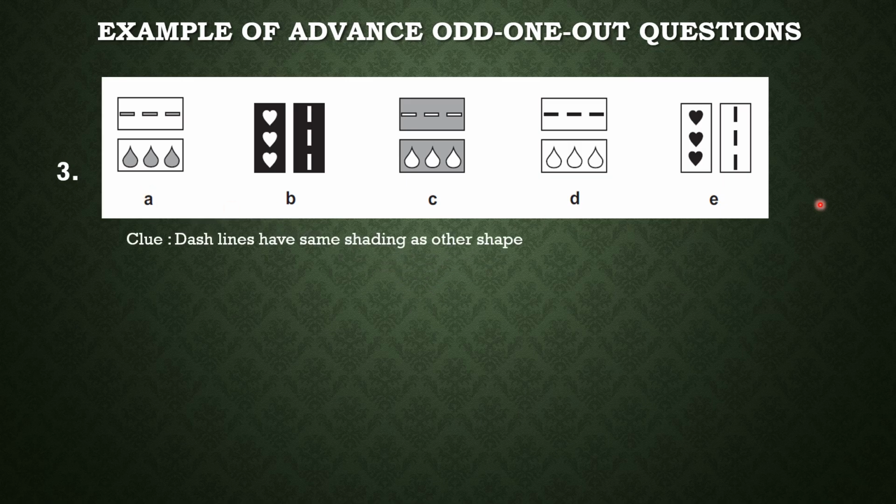And if we go by that rule, option D should be the odd one out here. So let's select that.